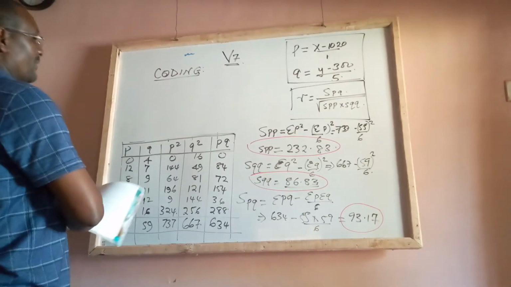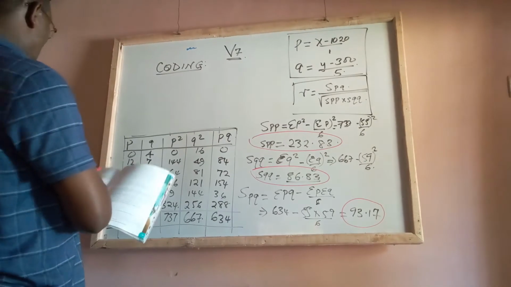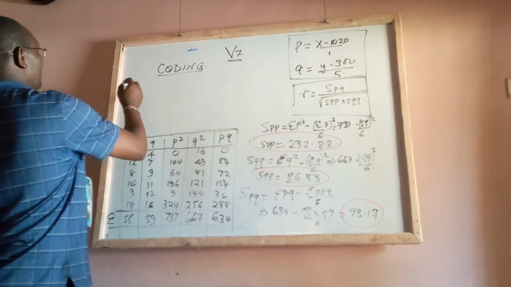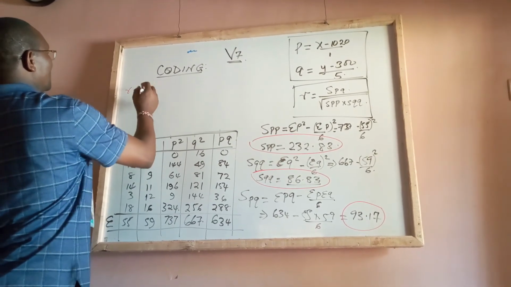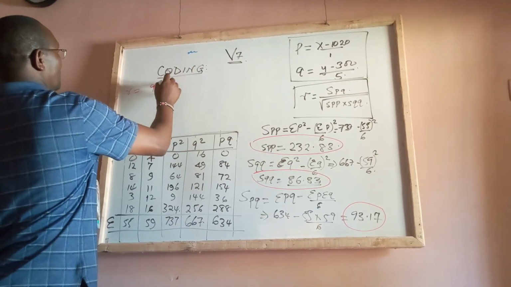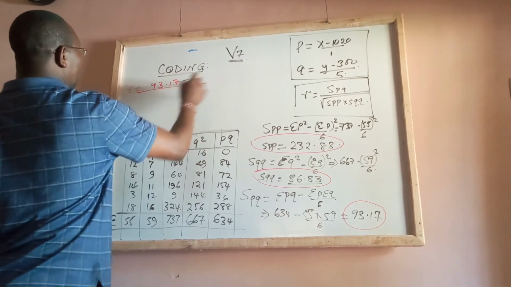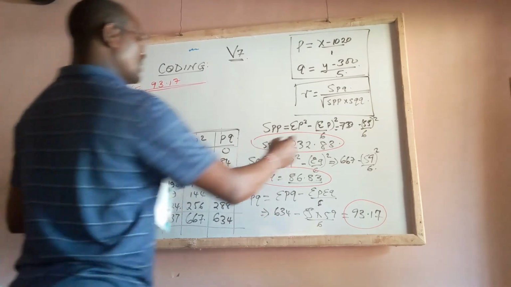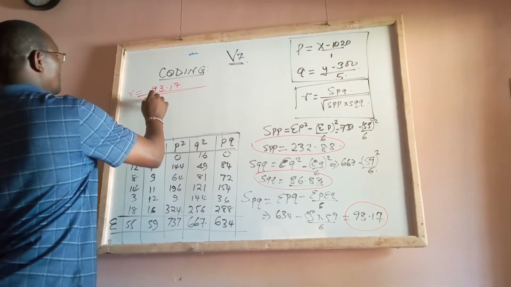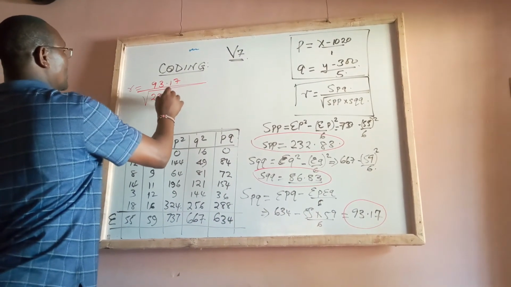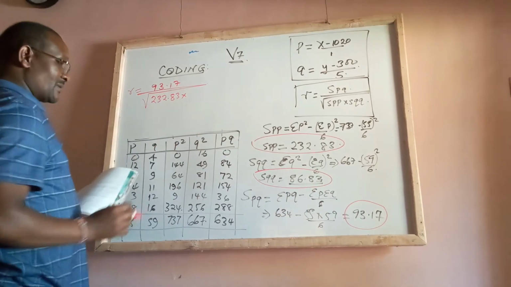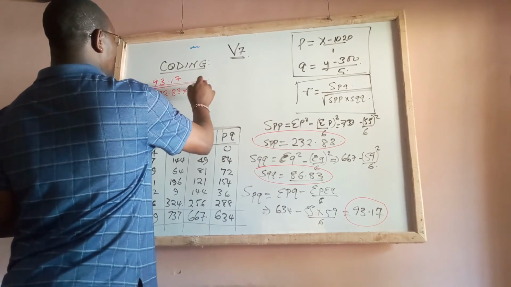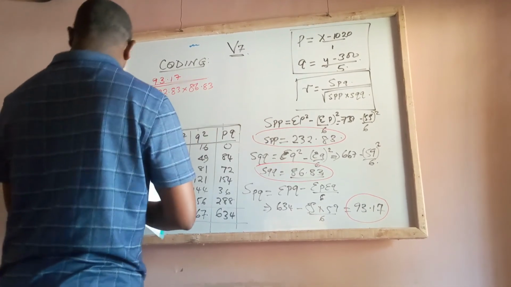And what do we have? SPQ is going to be 93.17. R is going to be 93.17, everything over the root of SPP, which is 232.83, times SQQ, 86.83.